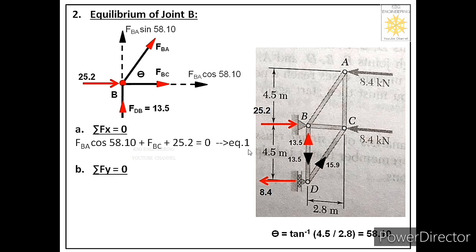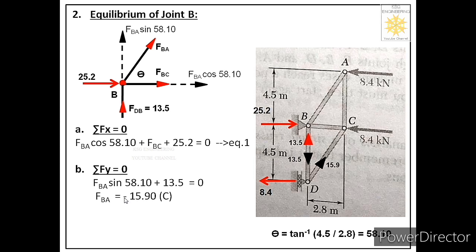Now let us apply the second equation, that is summation Fy equal to 0. How many forces are acting in y direction? Two. FDB, which is 13.5, acting in our direction, it will be positive. Then FBA sin 58.10 acting in our direction, it will also be positive. So the equation will be FBA sin 58.10 plus 13.5 equal to 0. From here we will get the value of FBA as minus 15.90.